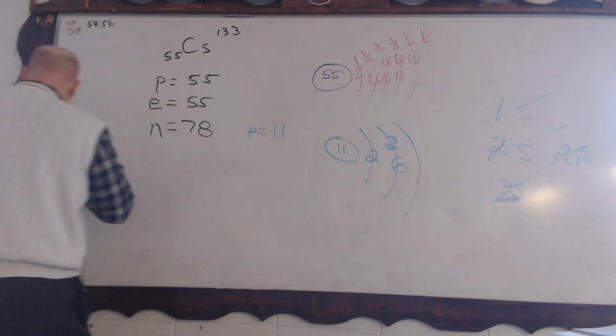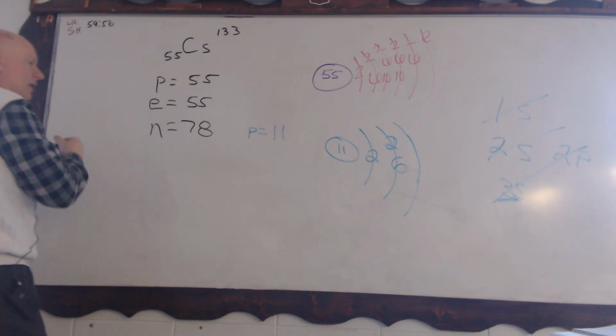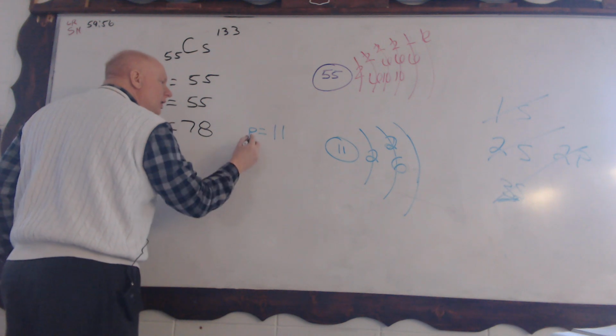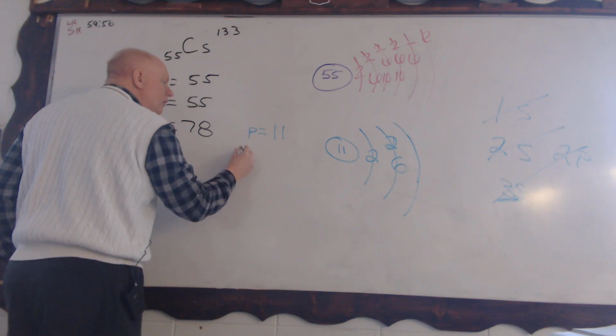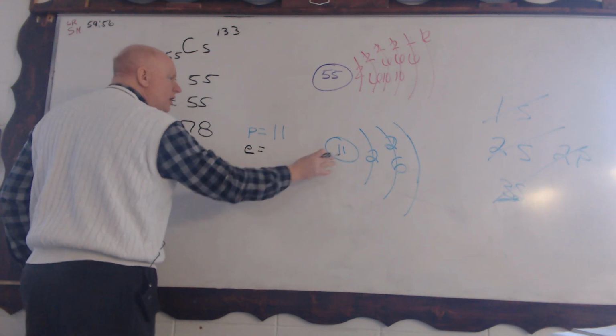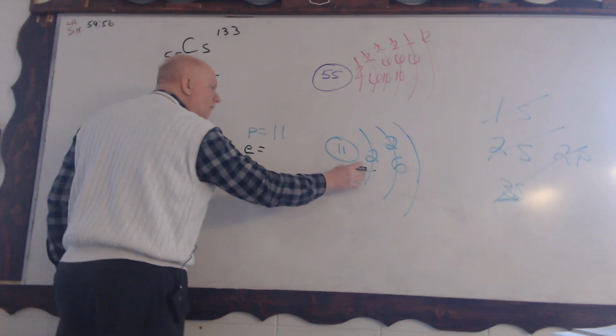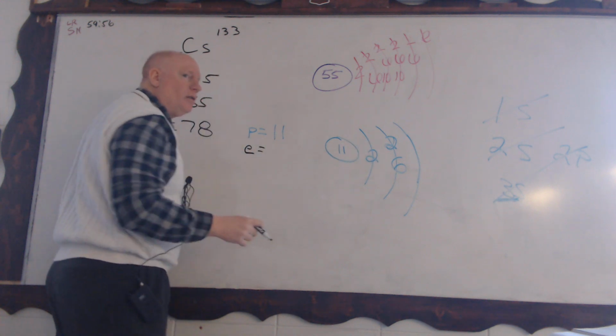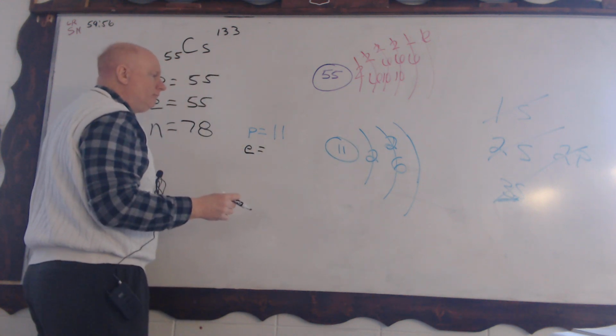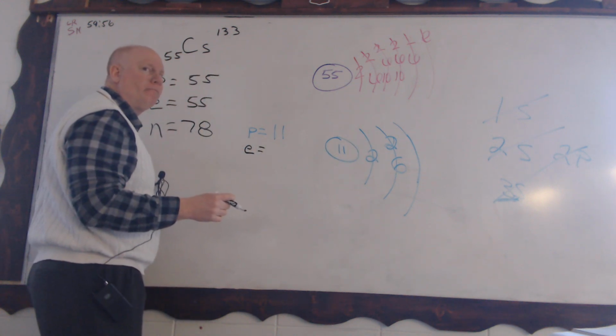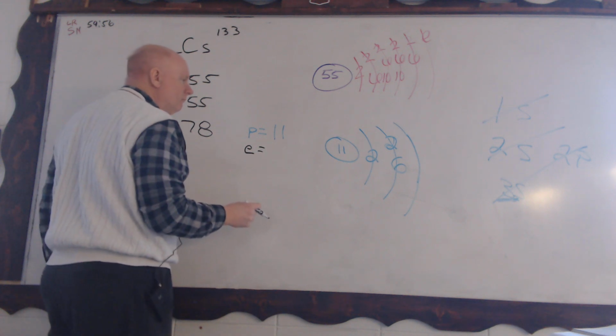I should probably use a darker color because you probably can't see that very well. Then we're just going to do the electrons now. How many electrons does sodium have? 11. Negative 11.